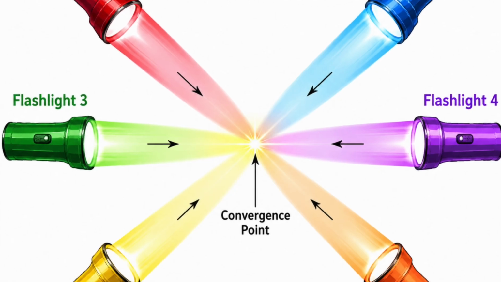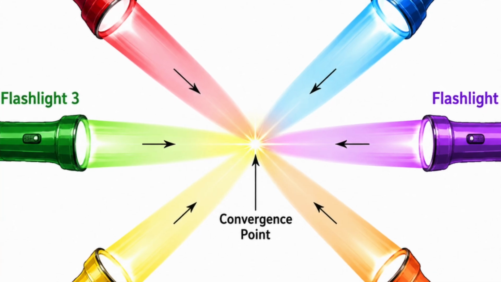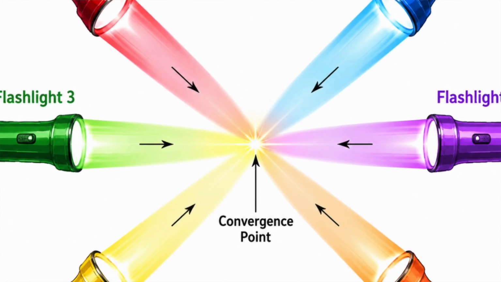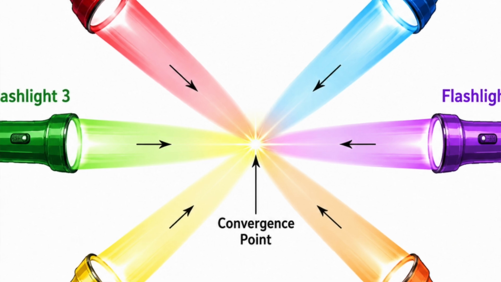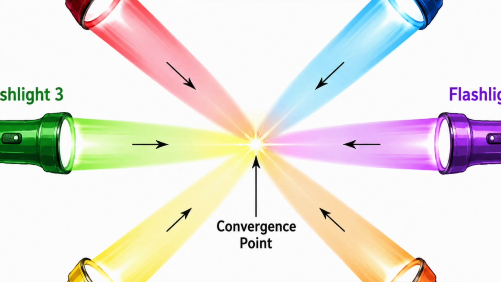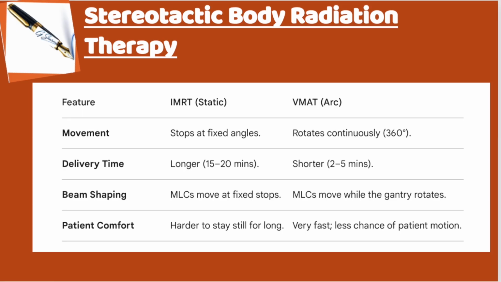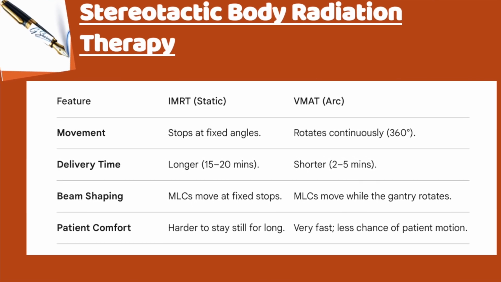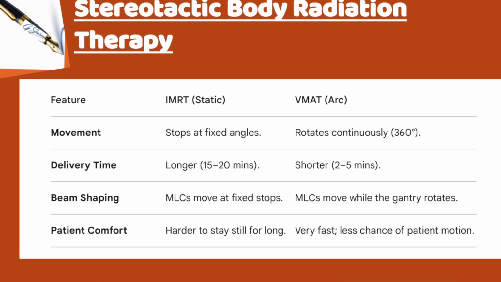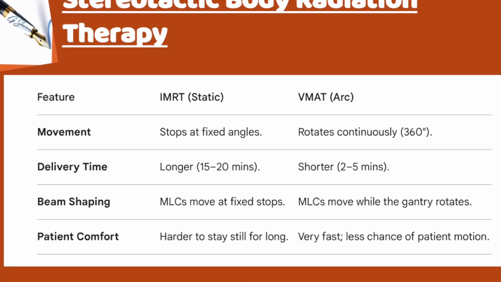That's essentially how early SBRT worked, using circular beams or cones, a totally different idea at that time. Today we have much more advanced tools like IMRT and VMAT, where the beam shape dynamically changes, almost like sculpting the dose around the tumor.